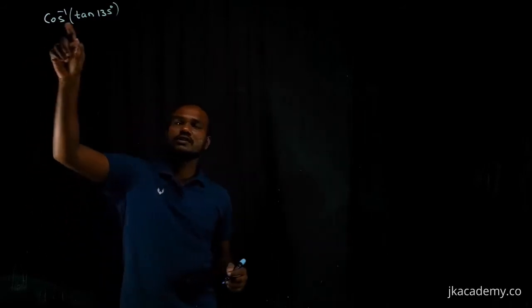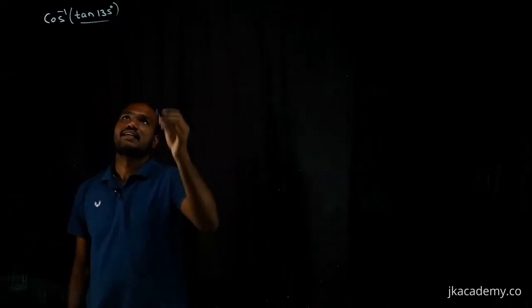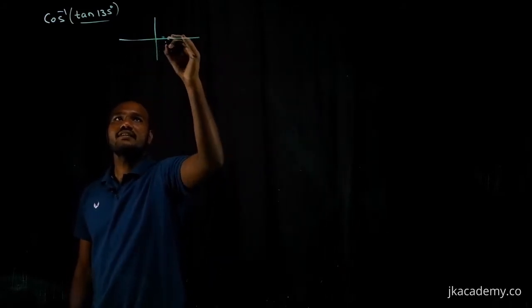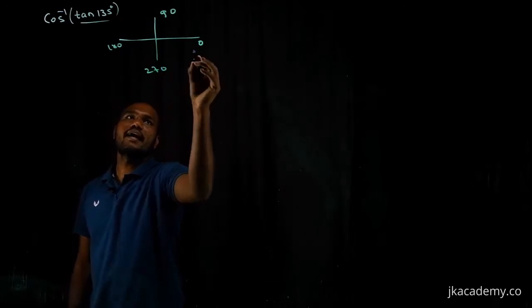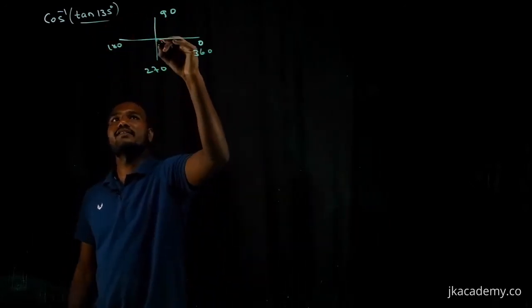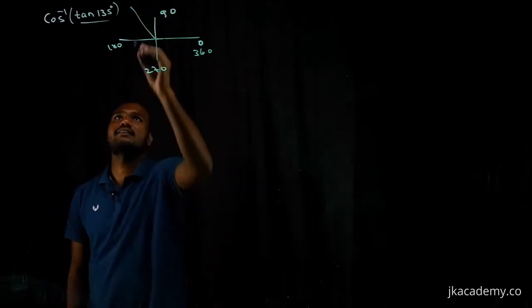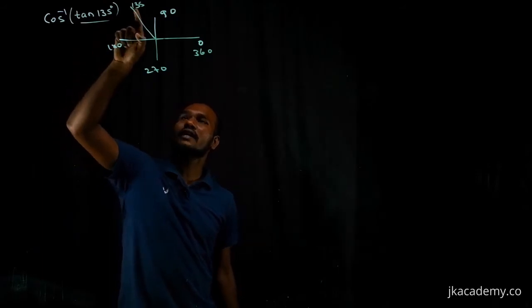Now cos inverse of tan 135. First we have to solve this, then we have to go to cos inverse. So tan 135 degrees, see here, this is 0, 90, 180, 270, and again this will be 360. Now 135 is above 90, so let's take this as above 90. Let's consider this as the 135 degree line. So now 135 degree is here.